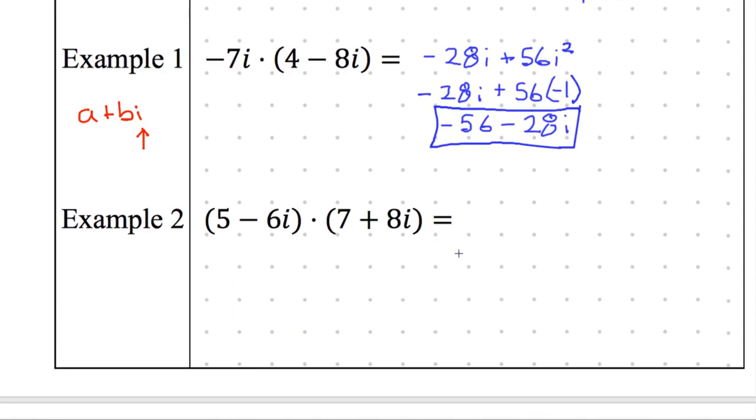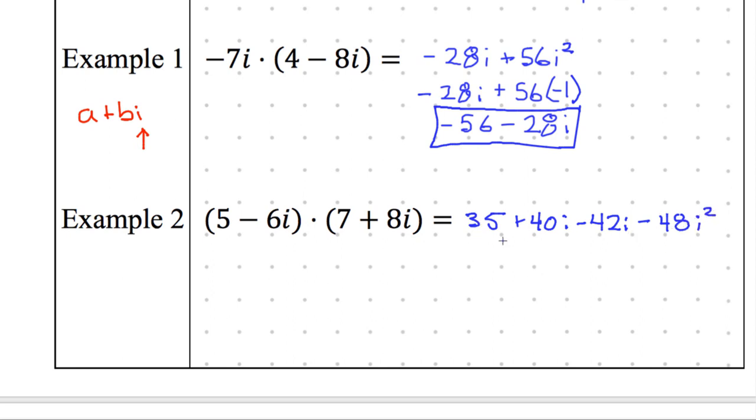Alright, pause the video, do example 2. You've unpaused the video, so again, you're going to be foiling. 5 times 7 is 35, 5 times 8i is 40i, negative 6i times 7 is negative 42i, and negative 6i times 8i is negative 48i squared.